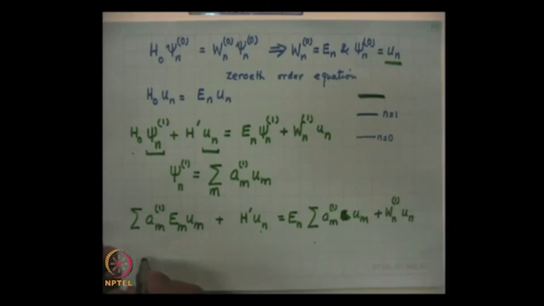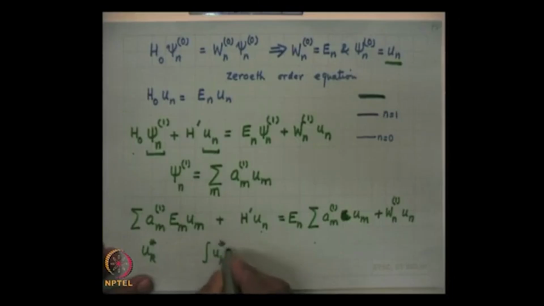Now, I multiply by u k star and integrate, and I know that these eigenfunctions form an orthonormal set, that is, integral u k star u n d tau is equal to the Kronecker delta function.